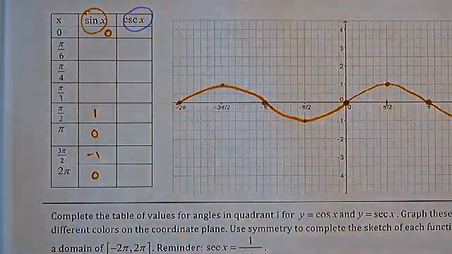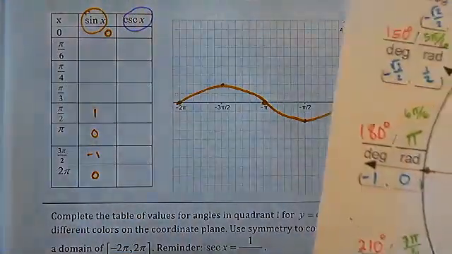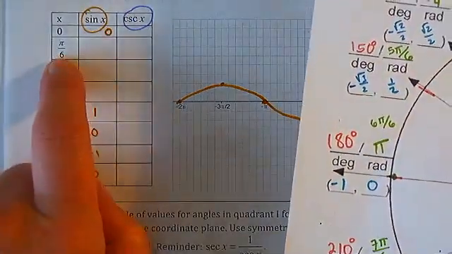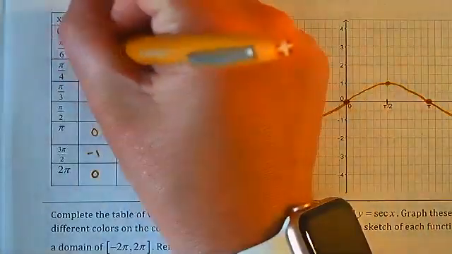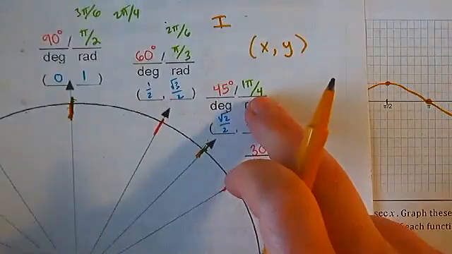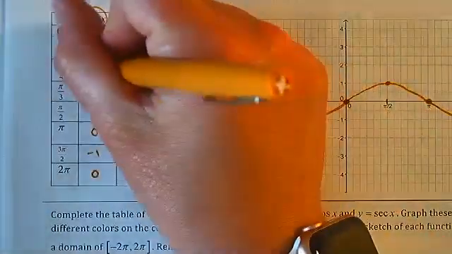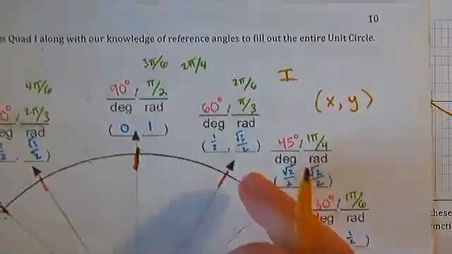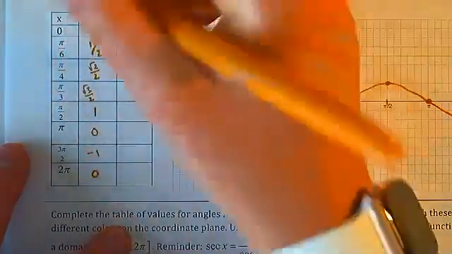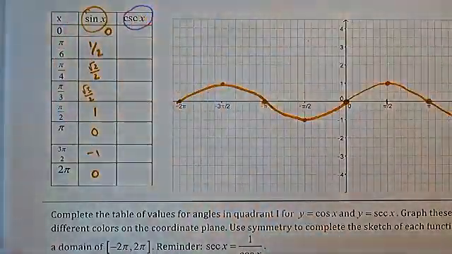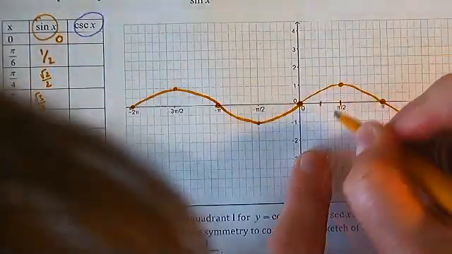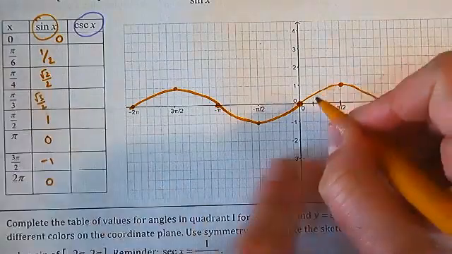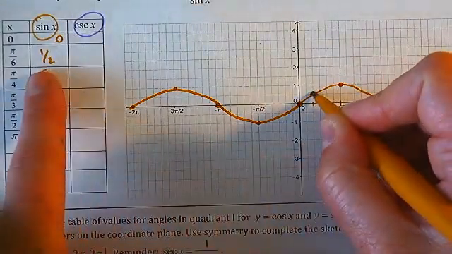So it's your choice how you want to fill this out. We may as well get used to our unit circle. At pi over 6, we're looking for the y value, so our sine is 1/2. At pi over 4, it is √2 over 2. And at pi over 3, our y value is √3 over 2. If I graph these, that's pi over 4, that's pi over 6, which is at 1/2, right about there.